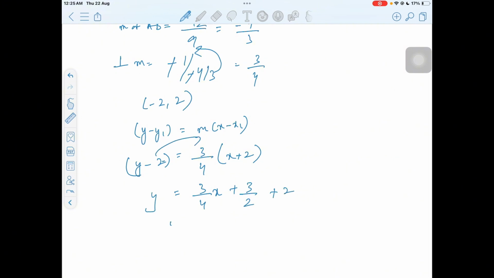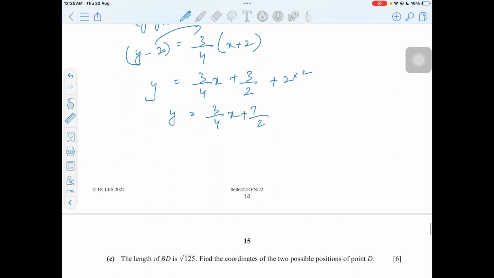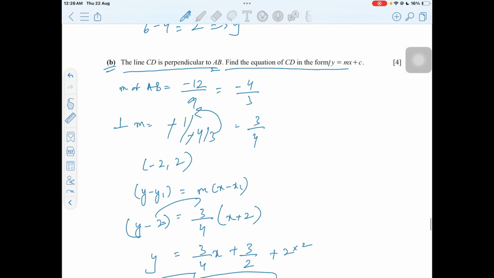So y is equals to 3 over 4x plus 7 over 2, right? I hope the answer is correct. This 3 over 2 is added with 2. So this is our final equation, right? Since it has to be given in this format.